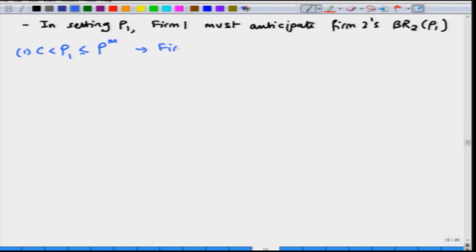Firm 2 has an incentive to undercut firm 1 and capture the entire market demand.